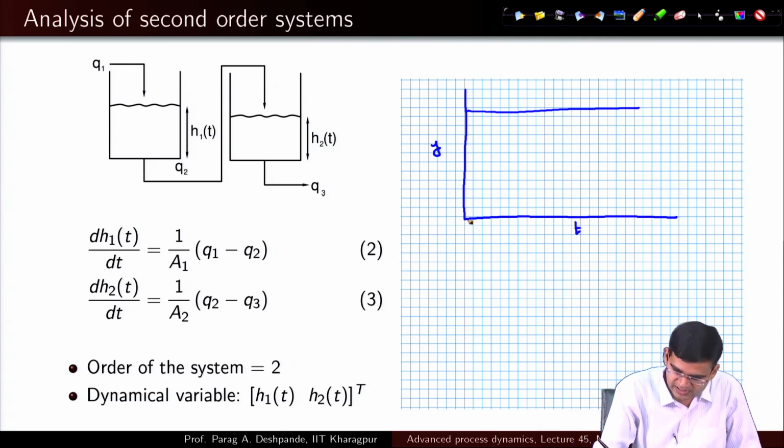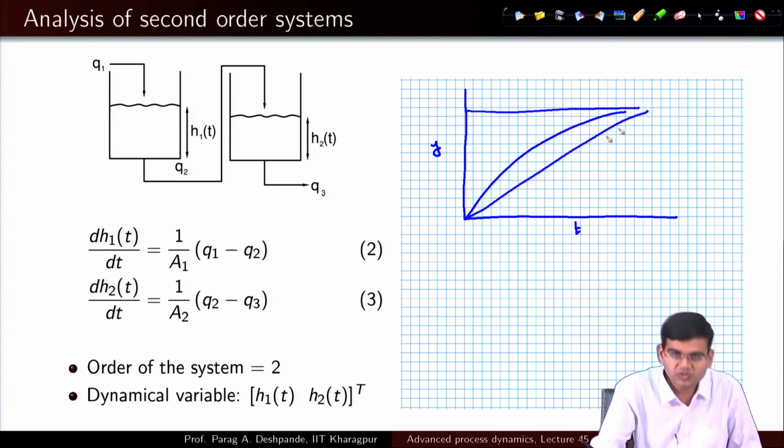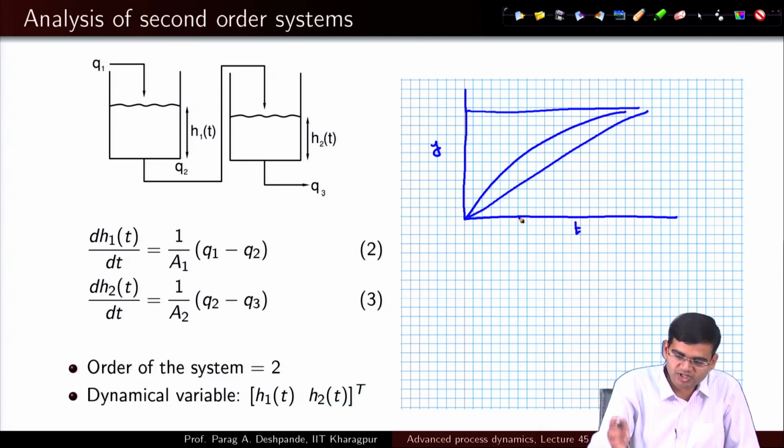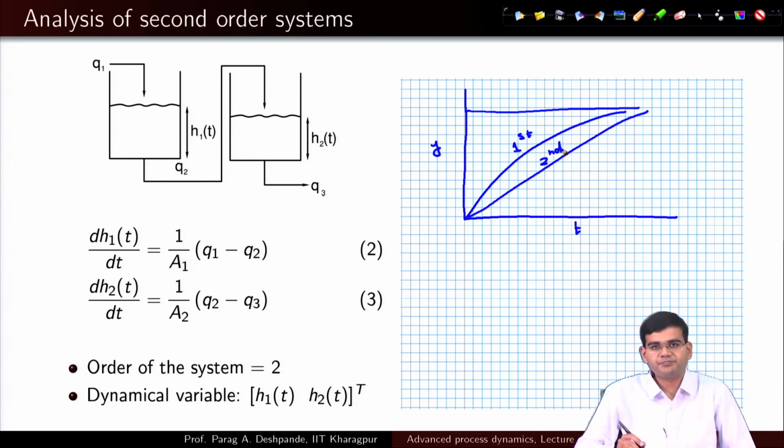The first observation was that you always have a response which would be more sluggish compared to the response of the first order system. So, in this particular diagram, the top one is the first order response, the bottom one would be the second order response, and we saw that in no case did the response show any oscillatory behavior.